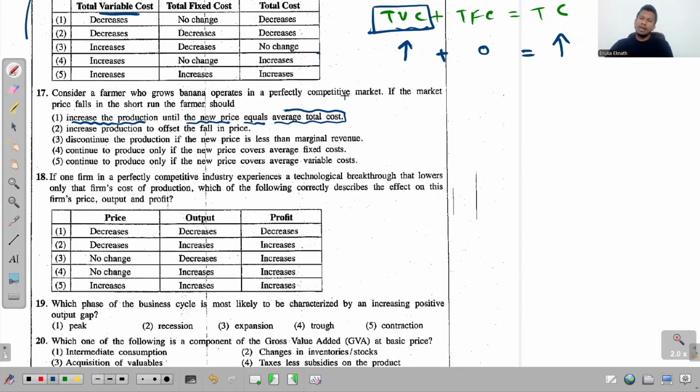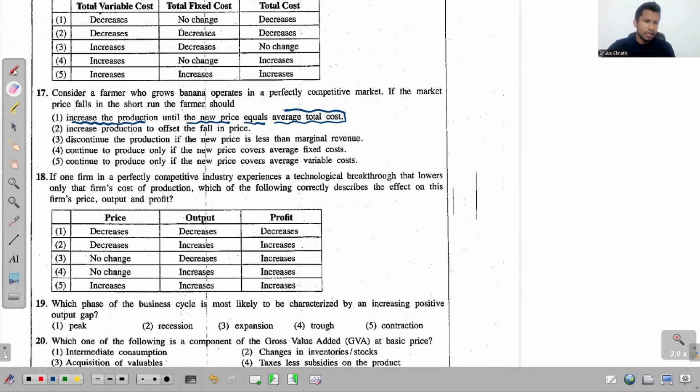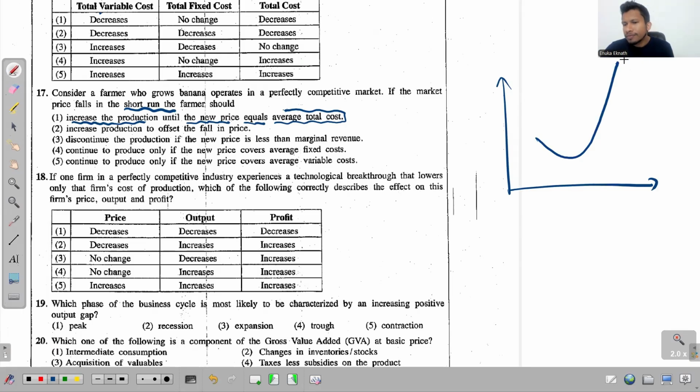See that now? If I draw the curves and show you this properly, then what is being discussed here is a short run situation, right? In the short run, banana price decreases. Imagine that this is the average variable cost, and here we have the average total cost, right?